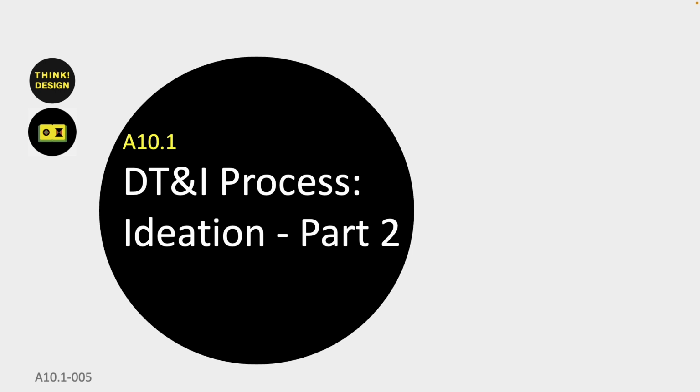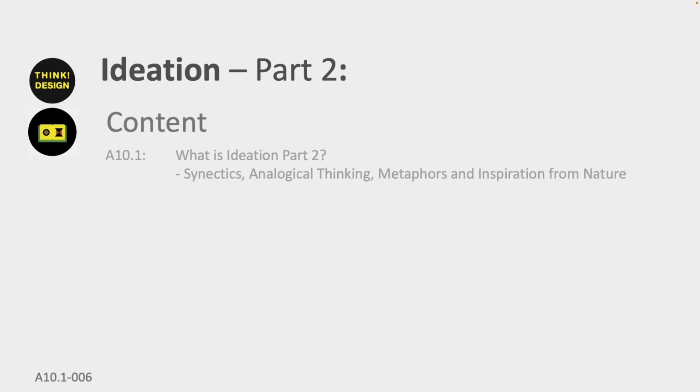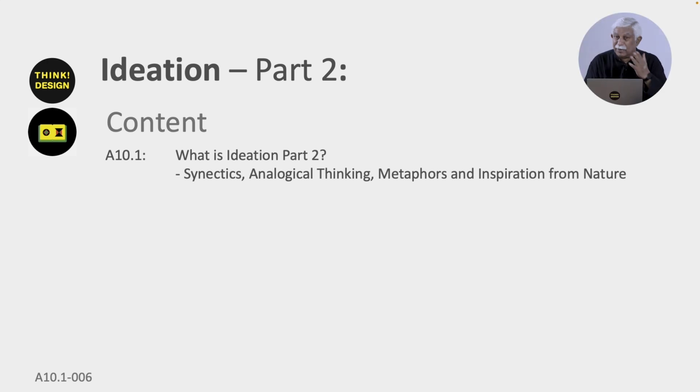So, let us look at the process, ideation part 2. In terms of the content, we will ask this question: what is ideation, part 2 of it. Here we look at synectics, analogical thinking, metaphorical thinking and inspiration from nature for design.